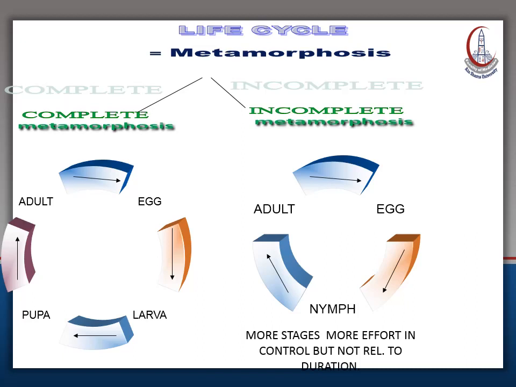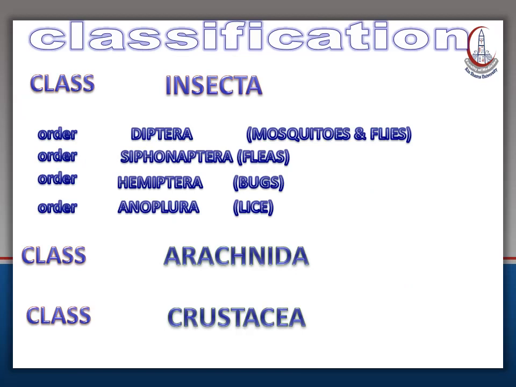We should notice that the more stages the life cycle comprises, the more effort it takes to control this arthropod. The phylum Arthropoda contains three main classes: class Insecta, class Arachnida, and class Crustacea.